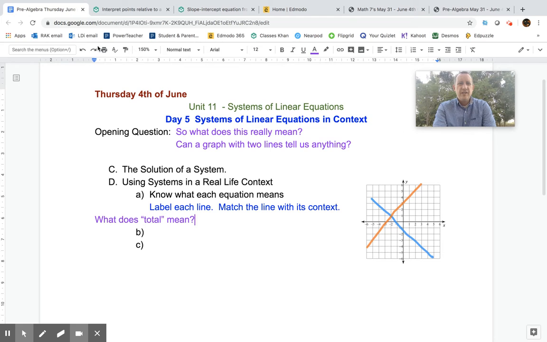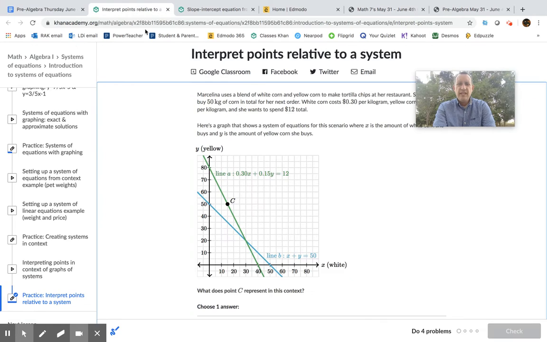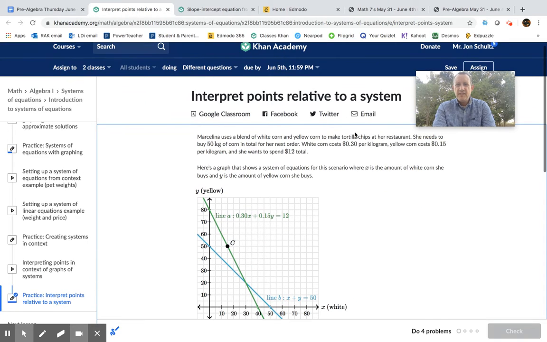Another keyword that you could look for is the word per. So what does per mean? Well, again, in this problem we see that it's $0.30 per kilogram. When you see the word per, it's probably going to be the coefficient. That means it's going to be in front of your x or your y.